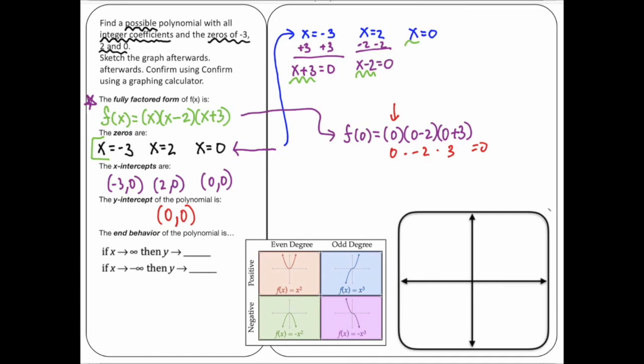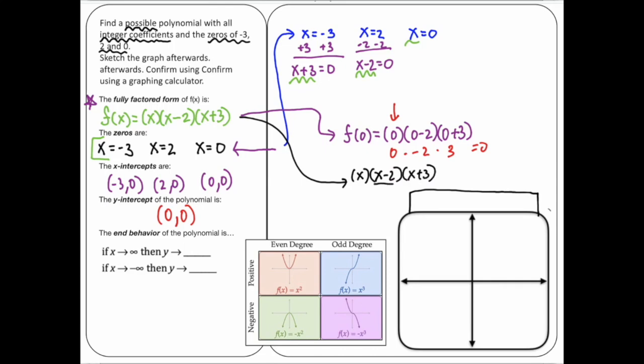So what I want to do is find the polynomial in its standard form as well, okay? Because we got the fully factored form. So let's go ahead and multiply out this polynomial so we can get it in its standard form, and then I just kind of want to write it right here, okay? So let's multiply this out. We have x times x minus 2 times x plus 3.